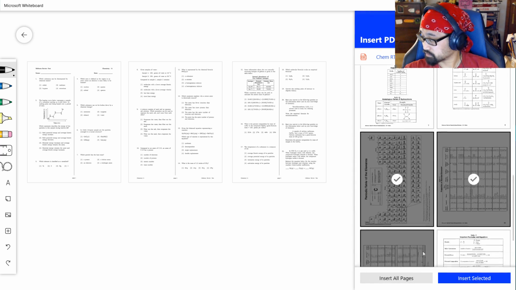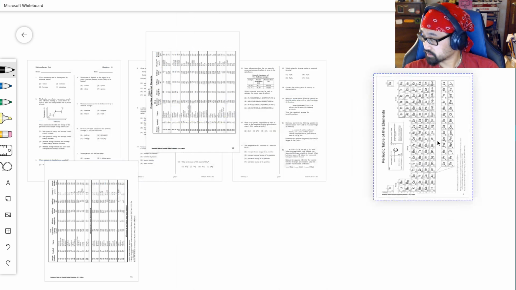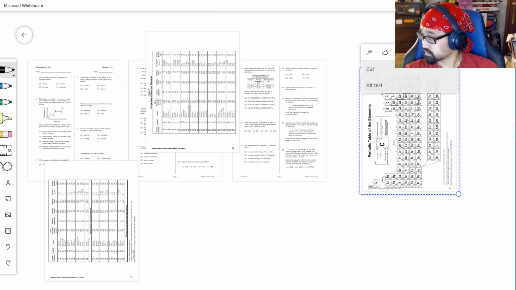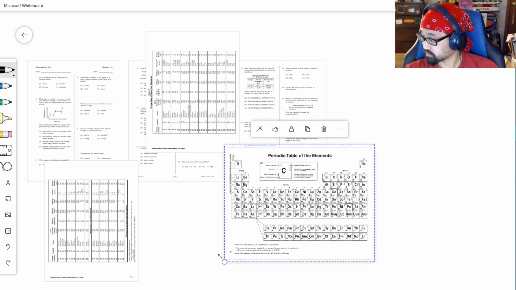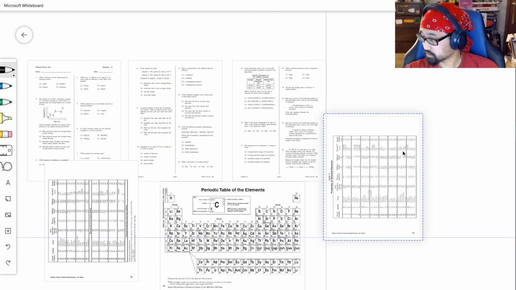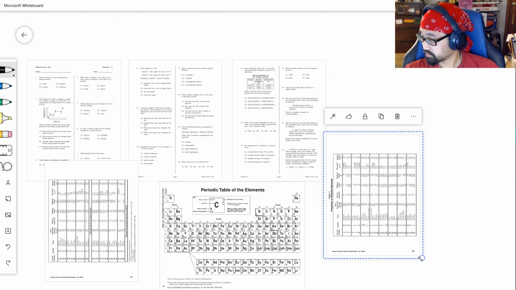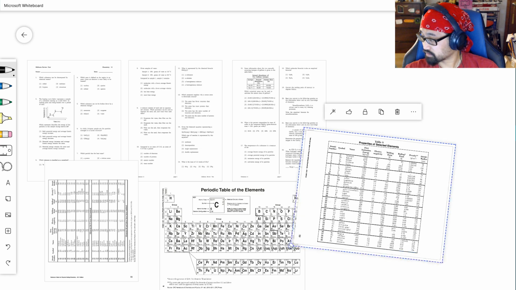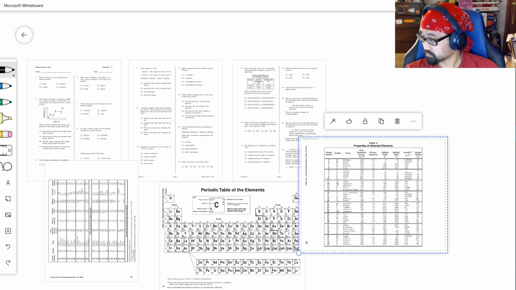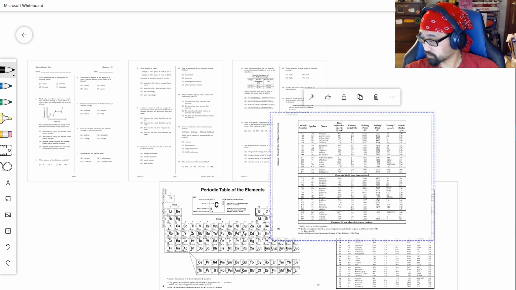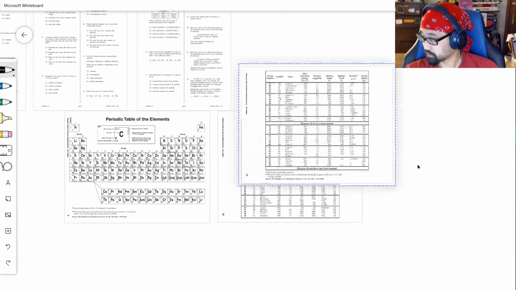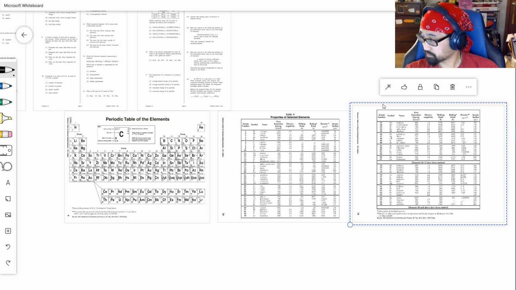All right. There it is. All right, the periodic table, the page after the periodic table, and the page after that, but it's the same info, right, just for different elements.